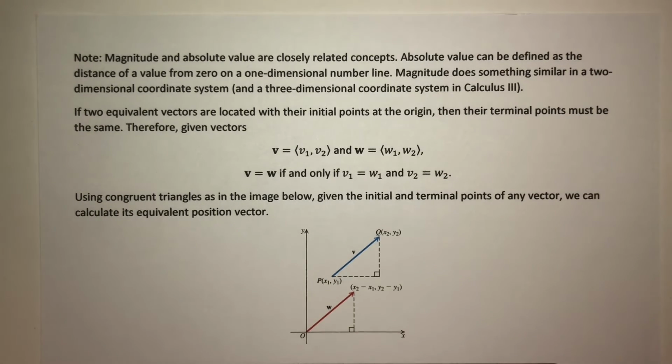If we're talking about a position vector, it says how far the endpoint is from 0, but in 2 dimensions. And once you get into Calc 3, you're going to be talking about these things in 3 dimensions. So it's like absolute value on steroids. It's a different definition, and it allows us to push things further into further definitions.